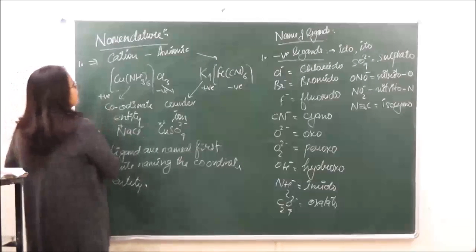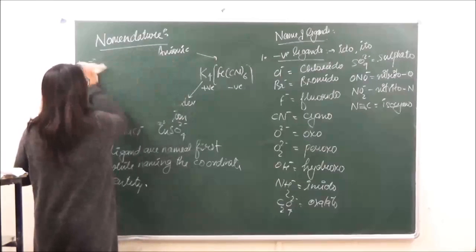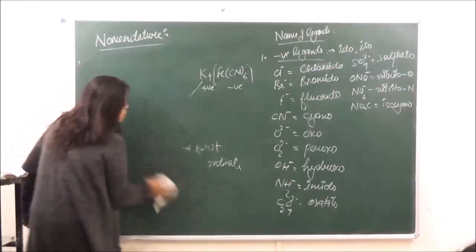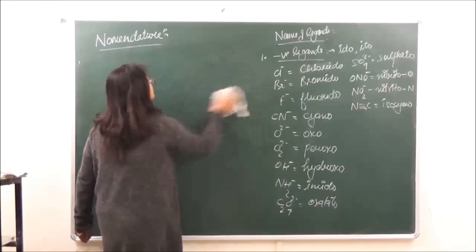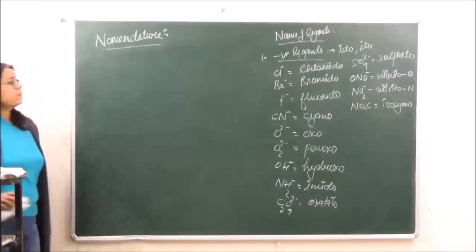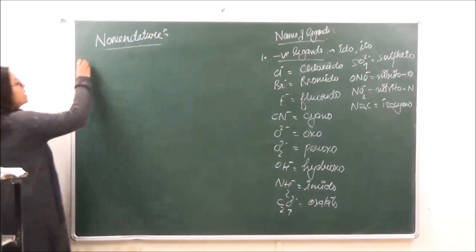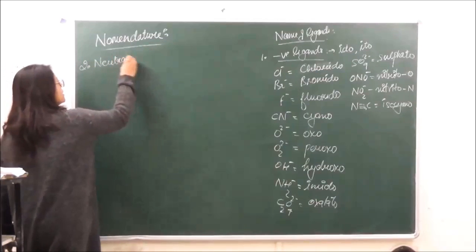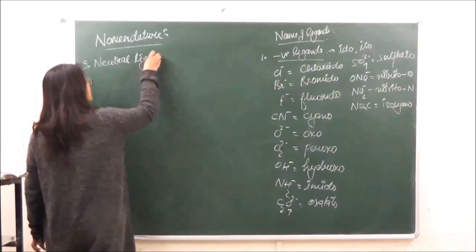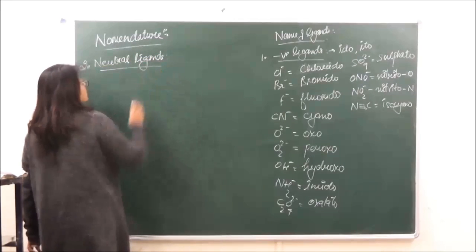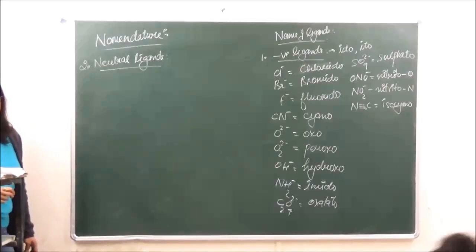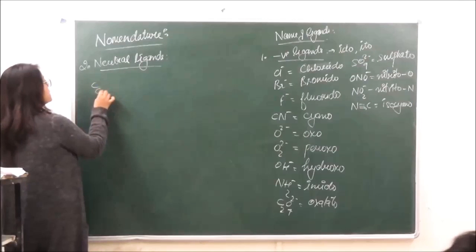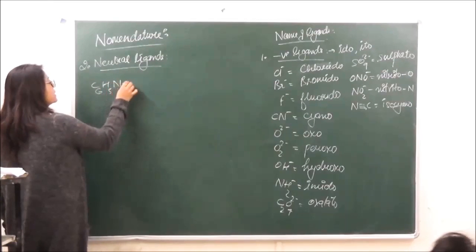The second type of ligands which are present may be neutral ligands having a lone pair of electrons. For example, we have C5H5N.